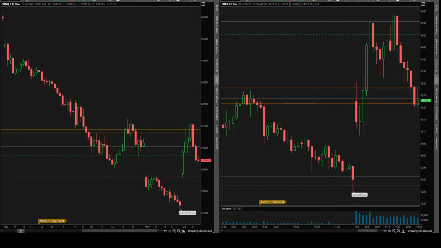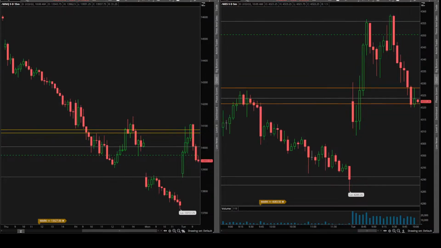Could be a nice little rejection here that we're seeing. And again, I'm really not too bullish. I'm just trying to trade the price action. Okay. Getting a little bit of a move here.